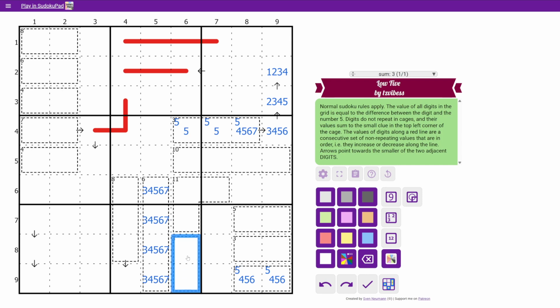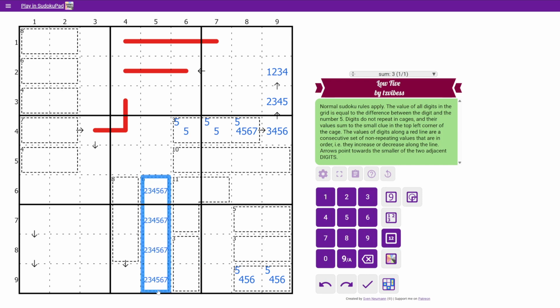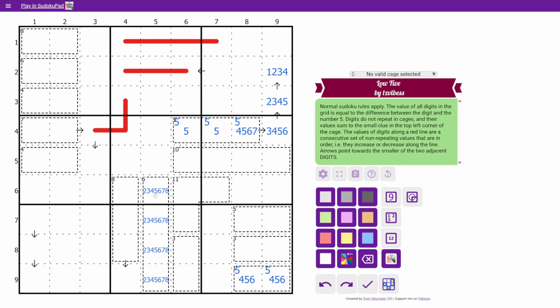If 5 did go in this box, it would go here. Oh, this could be 1, 1, 2, 3 though. So this could also have 2 or 8 with it. Yeah, that's unfortunate.